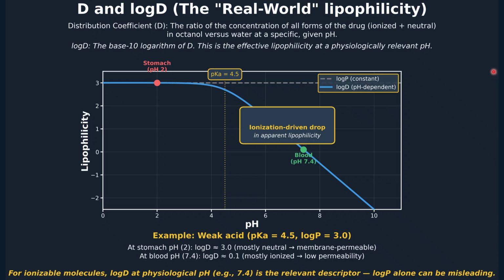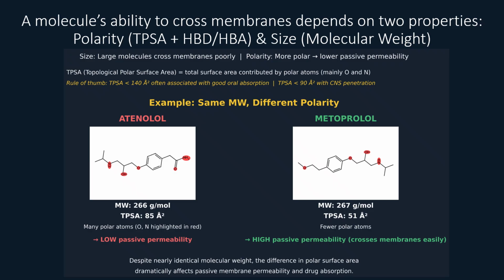Now let's see polarity and also size. Two properties primarily govern a molecule's ability to cross membranes. That's size and polarity. Size is a straightforward concept: as molecular weight increases, passive diffusion across membranes generally becomes less favorable.